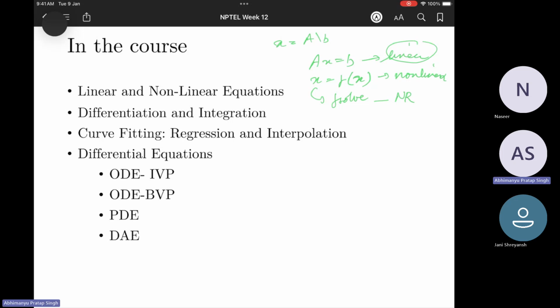Then we looked at differentiation, where we saw forward difference, central difference, and backward difference formulas. Then we went to integration, where we used the trapezoidal rule, Simpson's one-third rule, Simpson's 3/8 rule, and then some Runge-Kutta family of methods.